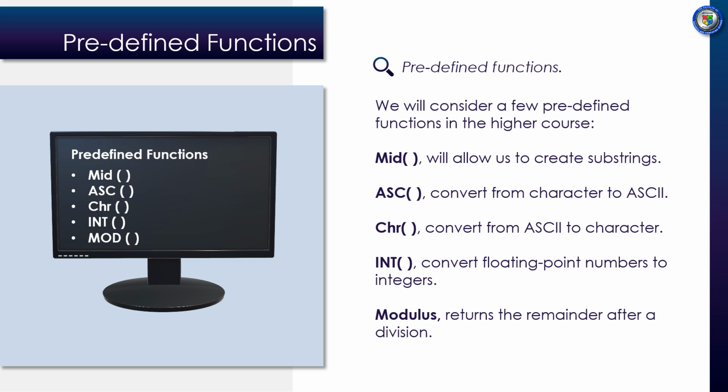We will look at the mid predefined function, which allows us to create a substring, the ASC predefined function to convert from a character to its ASCII value, the char predefined function to convert from an ASCII value to its character, the int predefined function converting floating point numbers to integers, and we'll also look at modulus, which returns the remainder after a division.